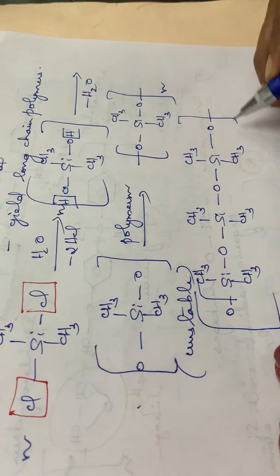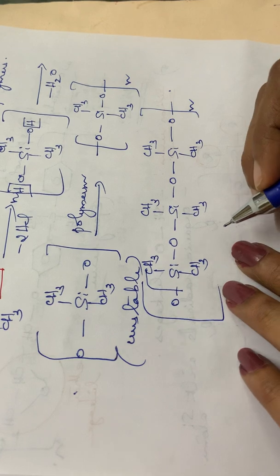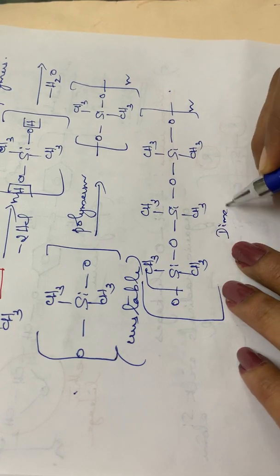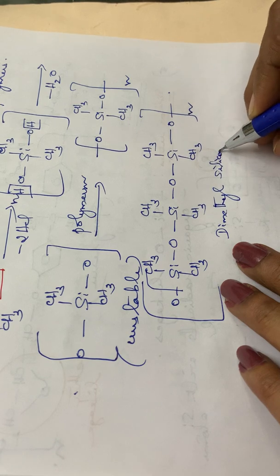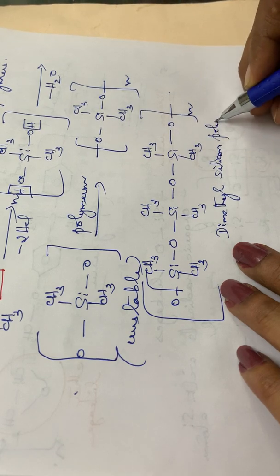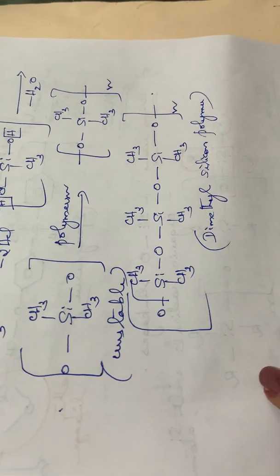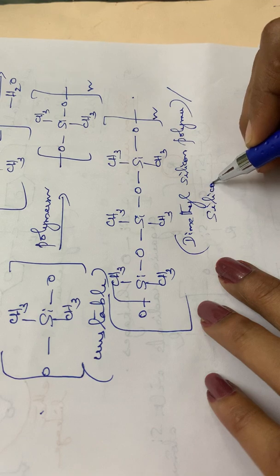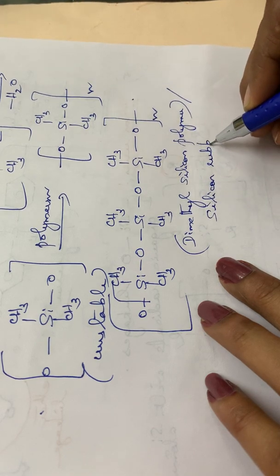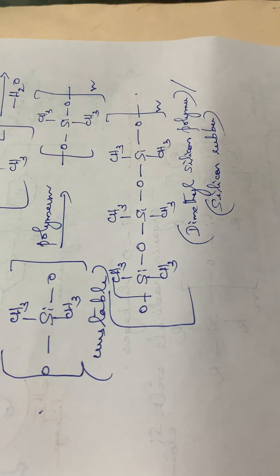So this is the polymer. This is dimethyl silicon polymer, otherwise called silicon rubber.